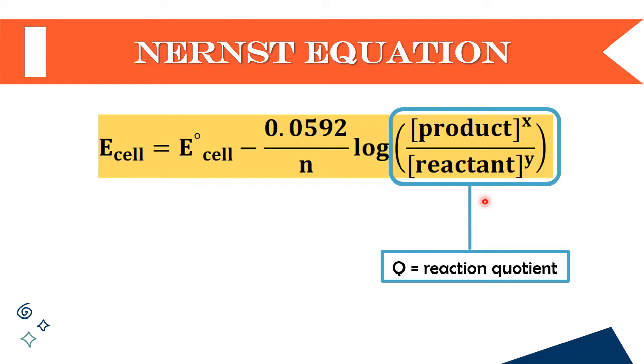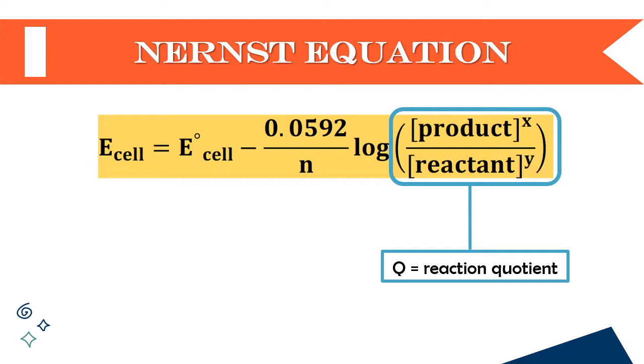So this is our reaction quotient Q. Last semester, for chapter 6 and chapter 7, we found the value of K, the equilibrium constant. But here, since it can be any concentration at any time, it is our reaction quotient, product over reactant. The values of x and y are based on your balanced chemical equation.